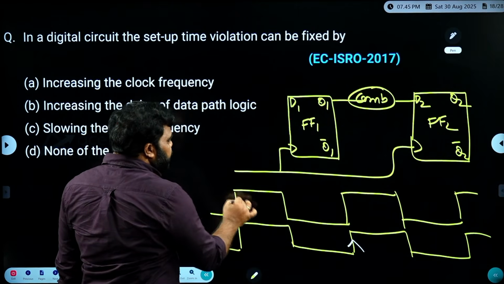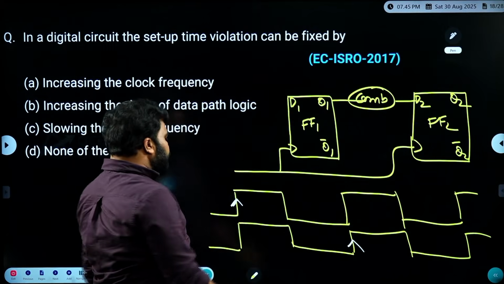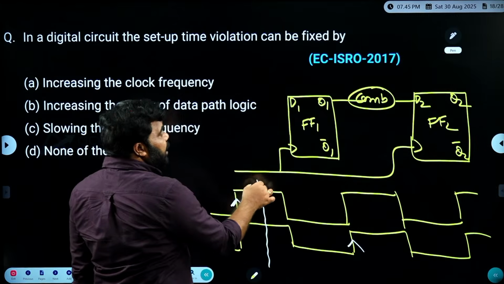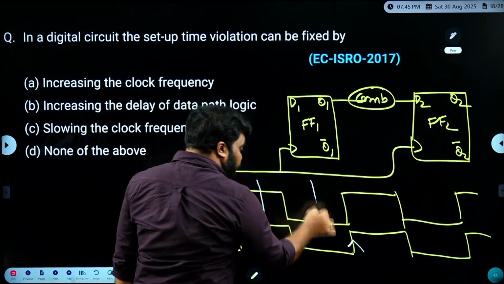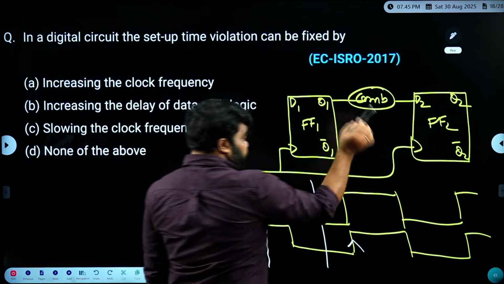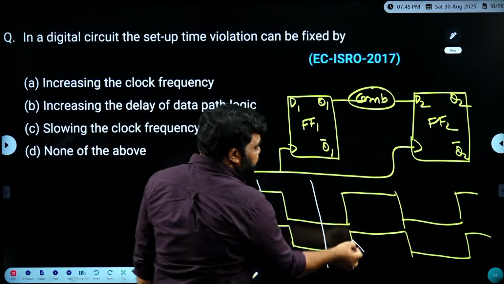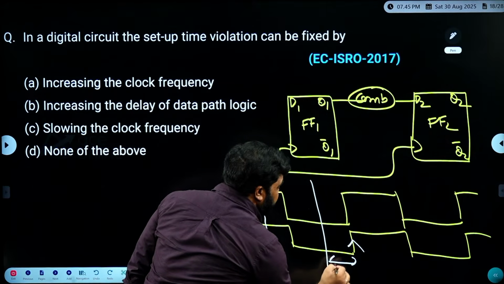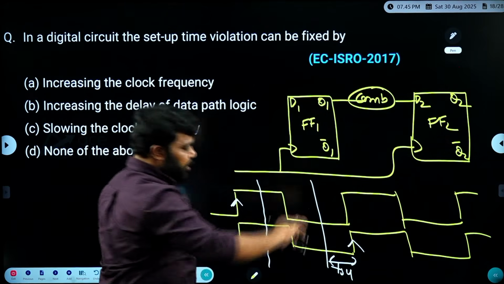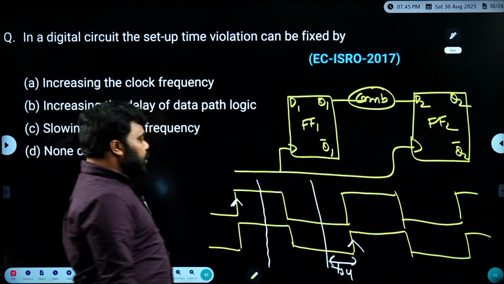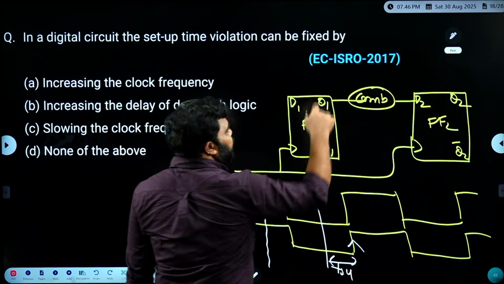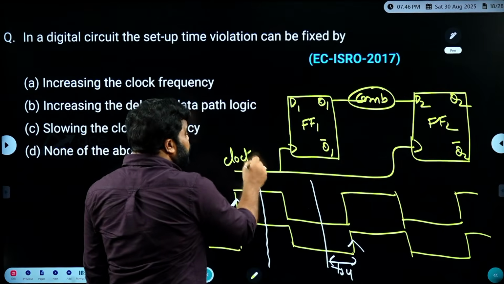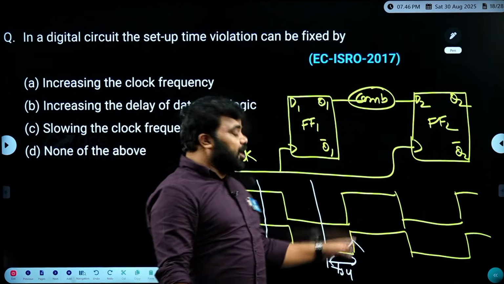The launching flip-flop is launching after the flip-flop delay. Then the changes are propagated through the combinational block, and whenever FF2 is expected to capture at the next clock edge, the data should arrive a setup time early. So any change at the capturing flip-flop should be stabilized a setup time earlier than the clock edge.